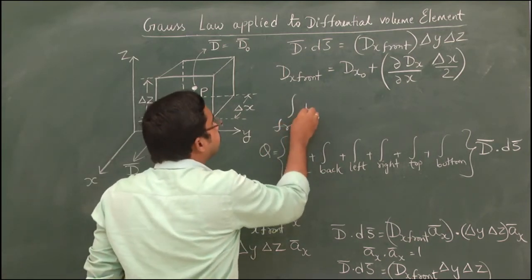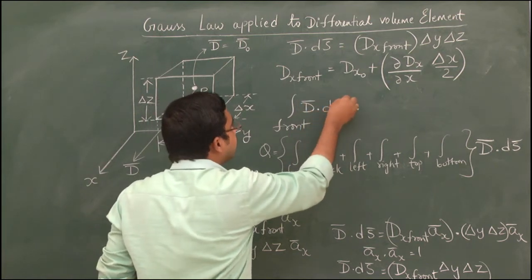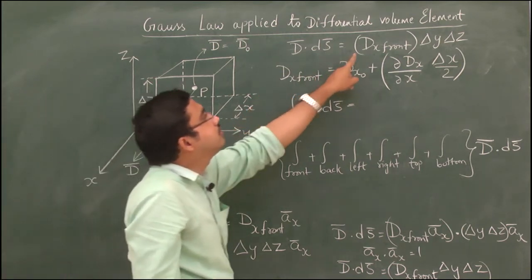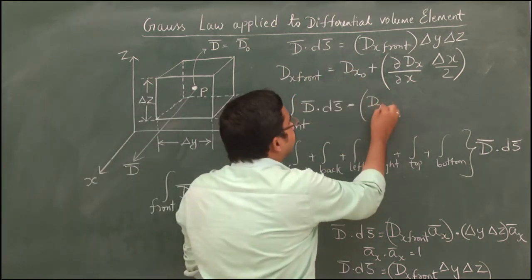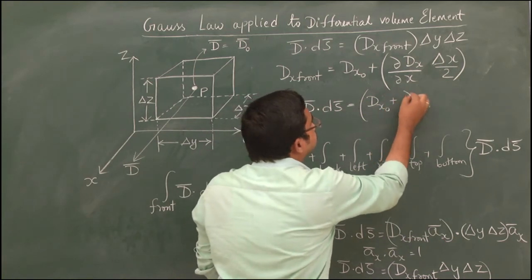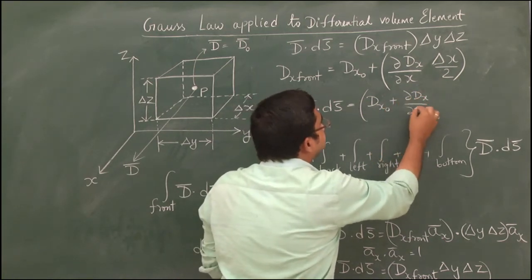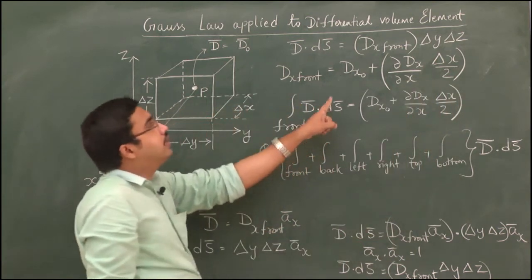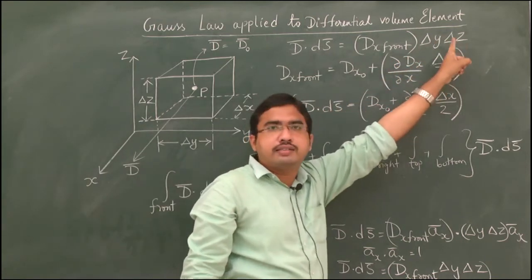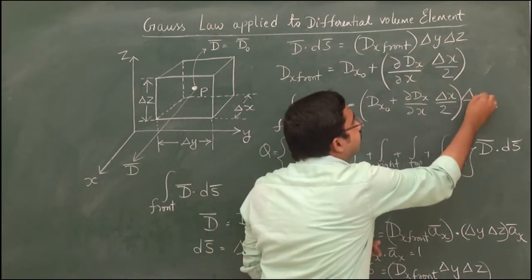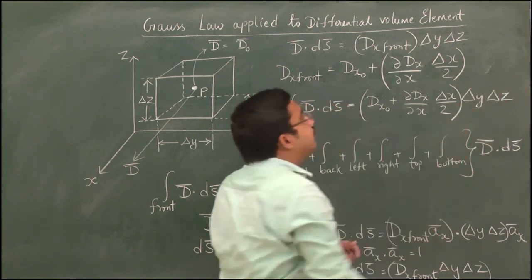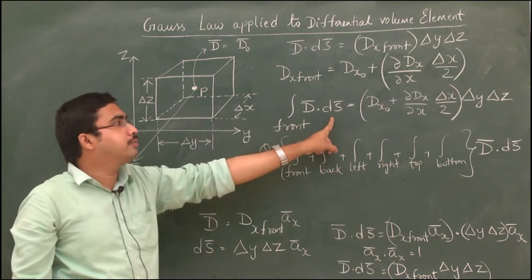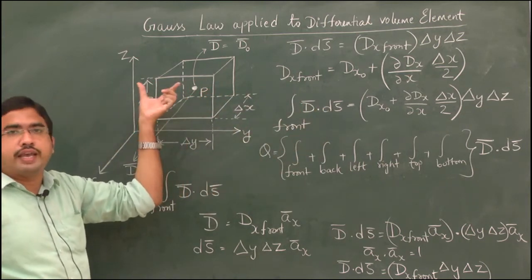Front side integral of D bar dot dS bar is equal to front side integral of D bar dot dS bar, which is equal to, substituting this value here, Dx naught plus dou Dx by dou x delta x by 2 into delta y delta z. So this is the formula for front side integral of D bar dot dS bar for this differential volume element.